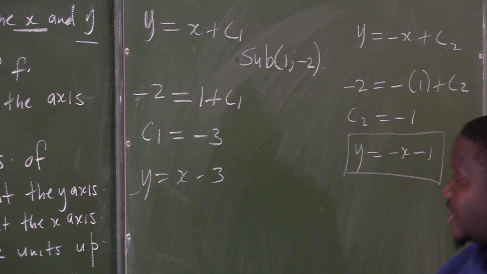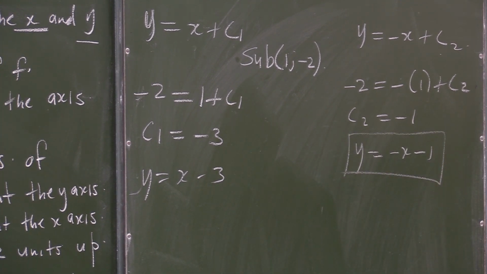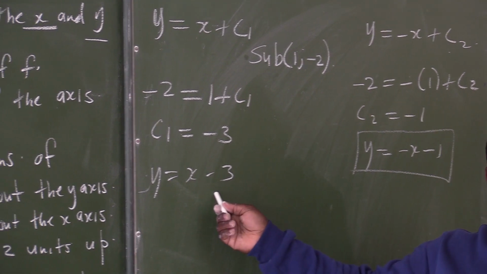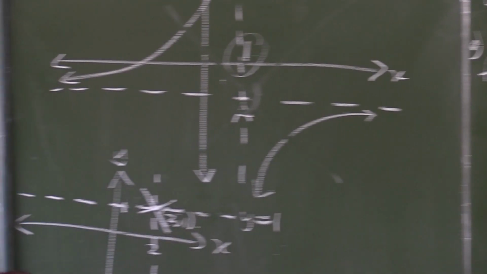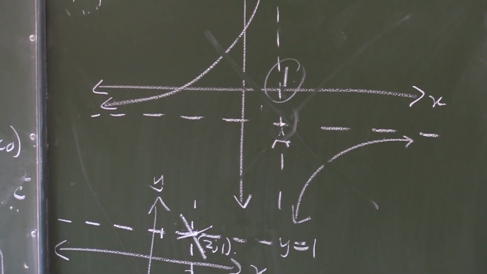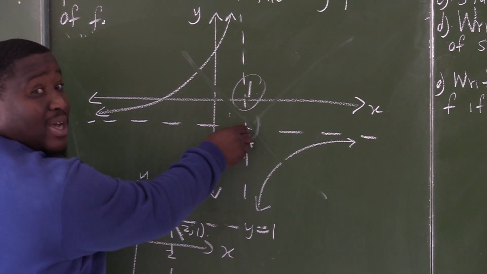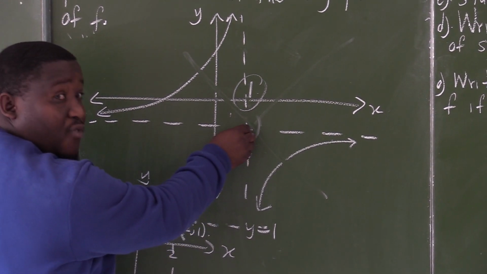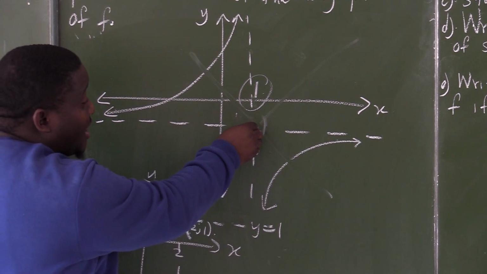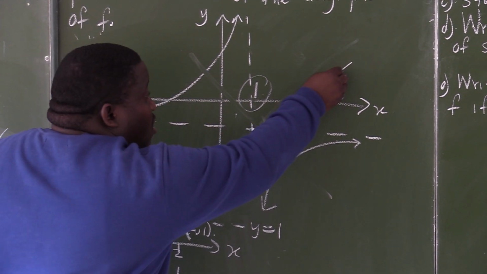Now my lines of symmetry. Let's start with this one. This is a straight line that has a positive gradient with a y-intercept of negative 3. It means I can draw this line, as long as you make sure that when you draw this axis of symmetry, the one is increasing, it will be a straight line.